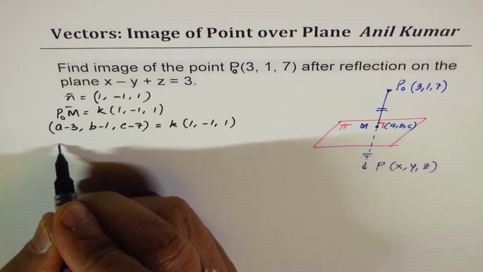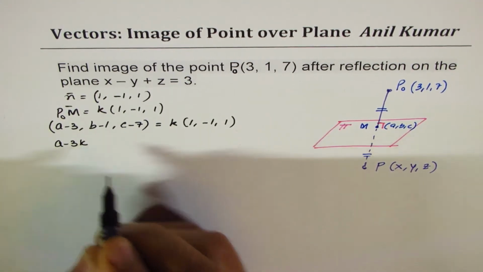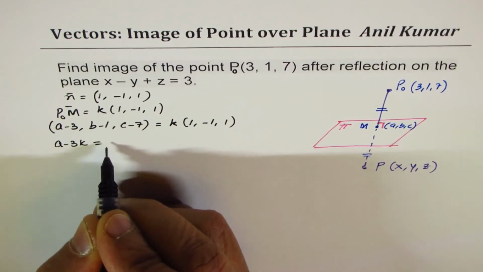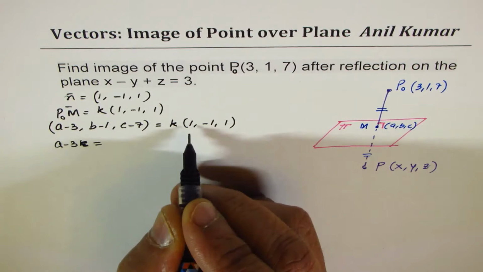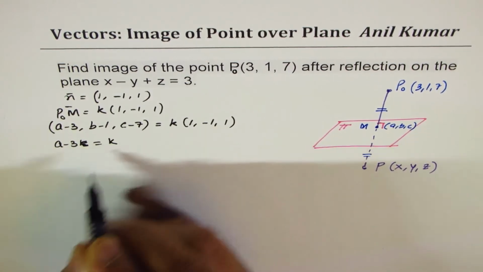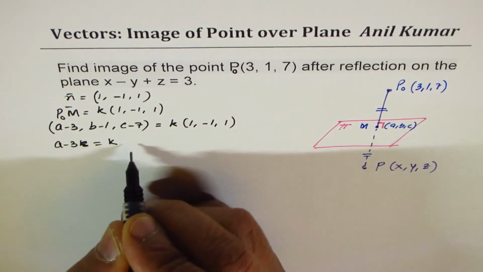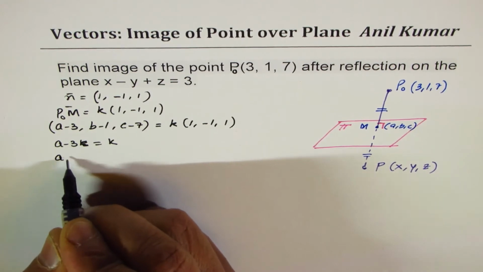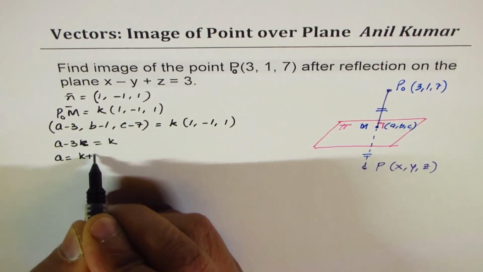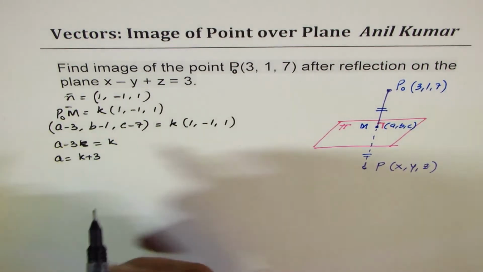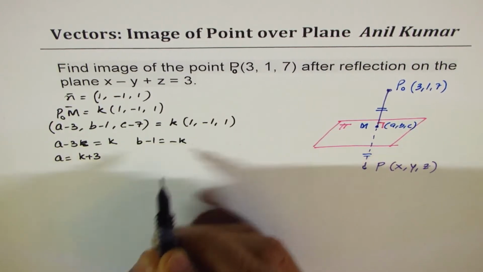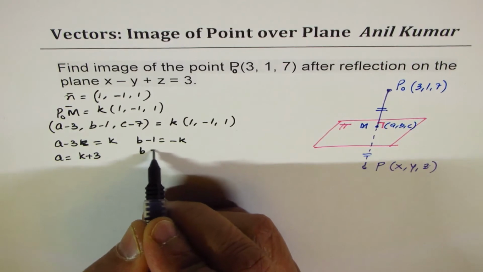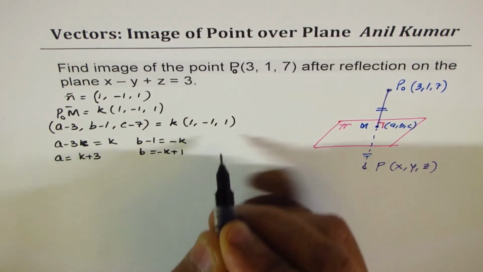So from here, we can say a minus 3 equals k times 1, which is k, and that gives us a equals k plus 3. Similarly, b minus 1 equals minus k, or b equals minus k plus 1.